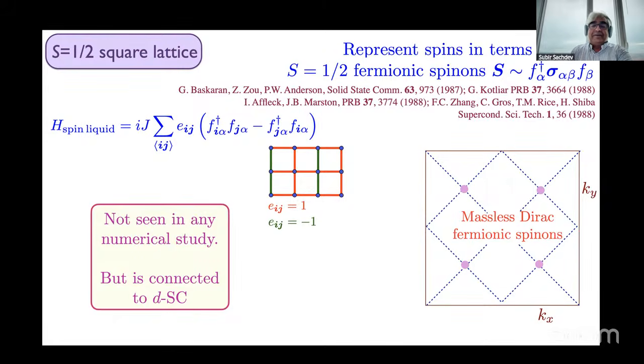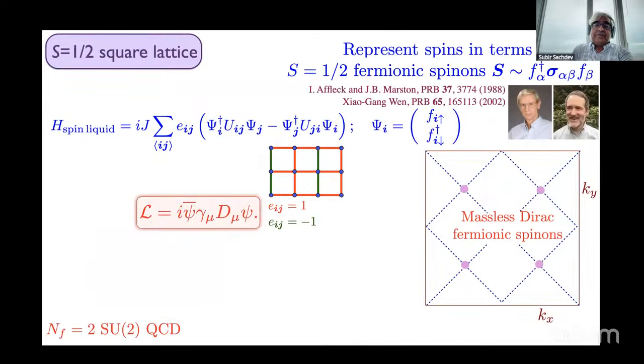But now that has been cleared up because of some very beautiful work. So people thought more about what are the fluctuations about this pi flux state. And it's been known that the fluctuations now are described by an SU(2) gauge theory, where U is some lattice SU(2) gauge field. And in the continuum, this just couples minimally to these Dirac spinons.